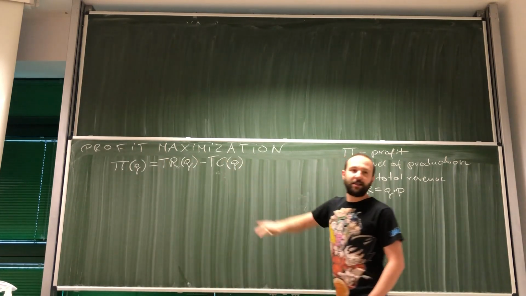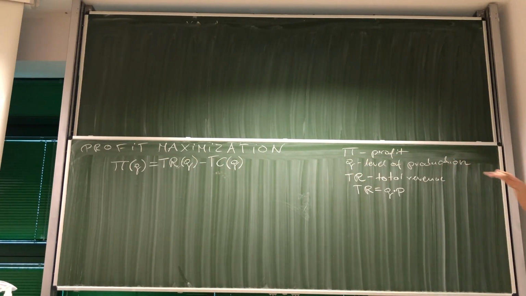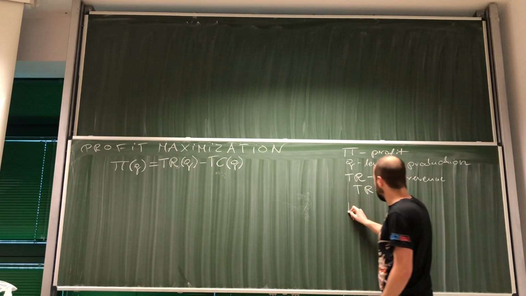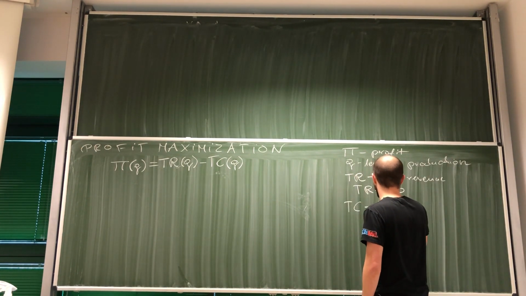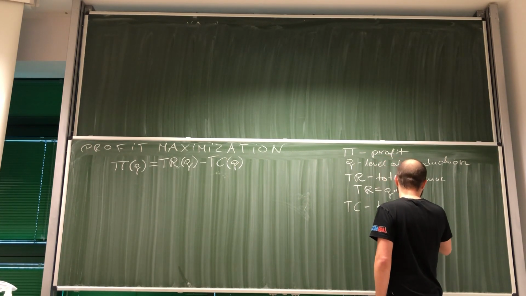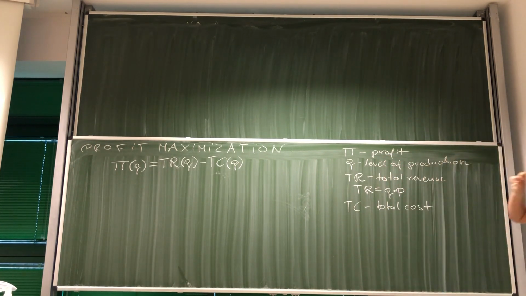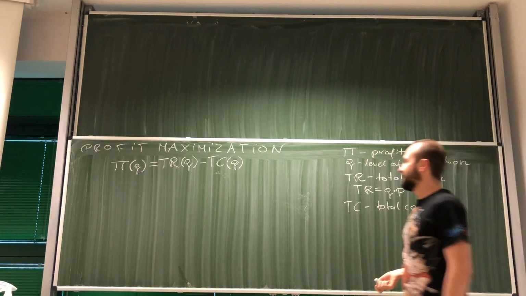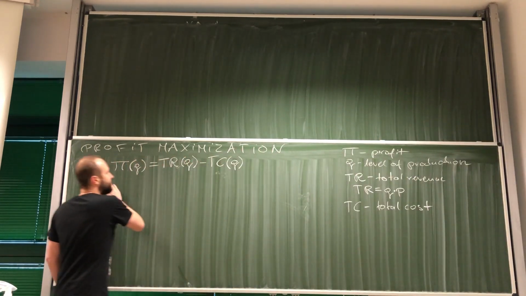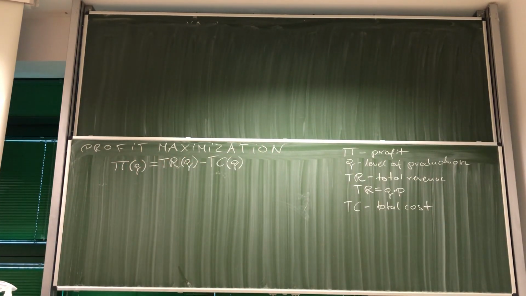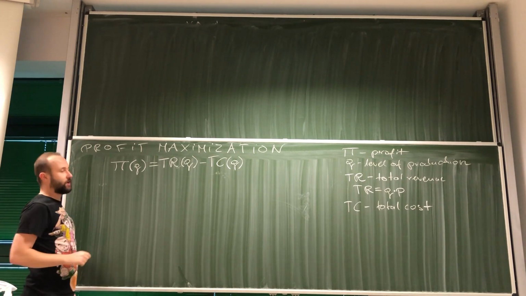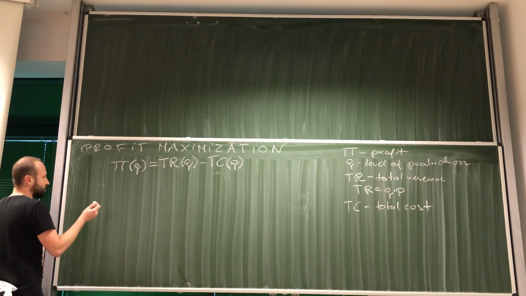We'll actually get a little bit more into details with total cost a little bit later. For now, let's just remember that TC is total cost. Okay, so now our task is to maximize the profit. We know how the profit function looks. So what do we do first?